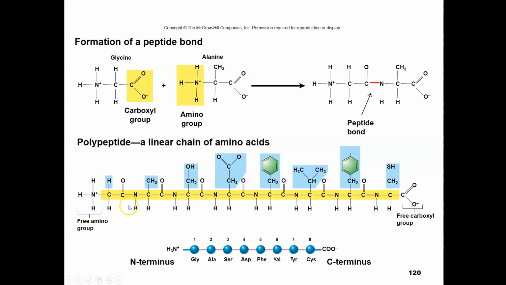So one thing I want to point out to you is that eventually, once you have these huge long chains, what we're going to find is that we're going to have what we call the amino terminal end. So this is called the N terminus or the amino terminus. And on the other end is going to be our carboxyl group. So we call this the C terminus.